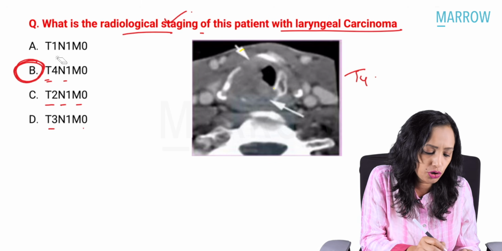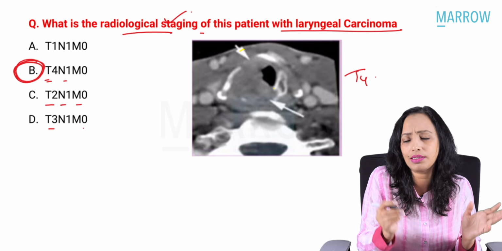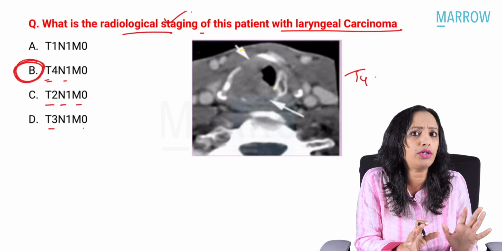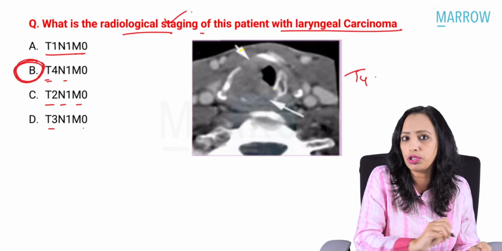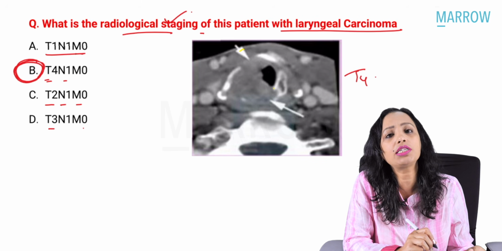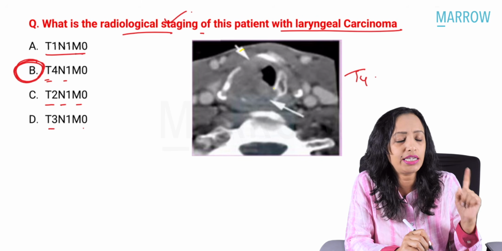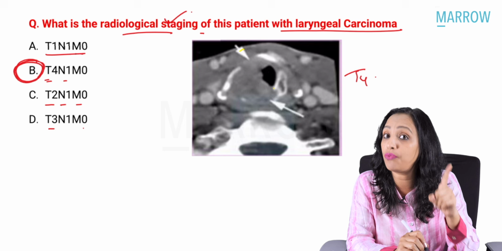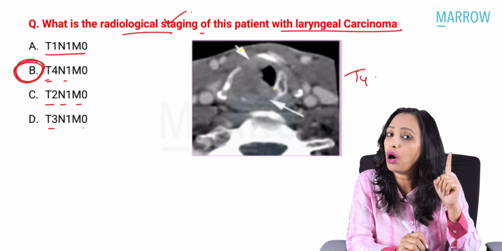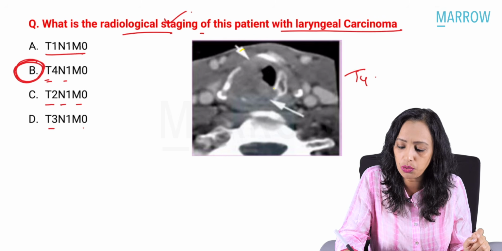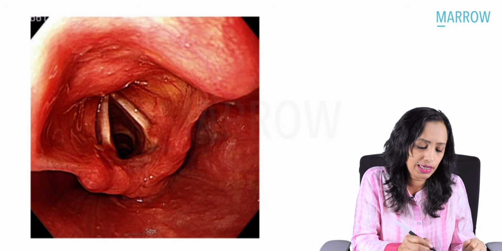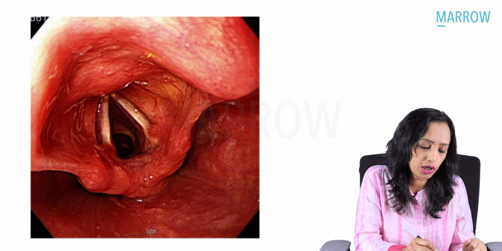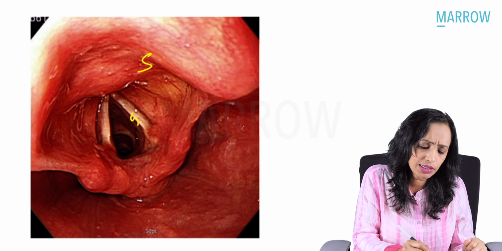Now when we see the first choice, it is T1. We are more or less at the answer, but let us just try to see what the other choices are. Here the first choice is T1, N0, M0, right? What is T1 of a carcinoma of the larynx? T1 is when it has involved only one site or one subsite. What are the three sites of the larynx? The supraglottis, the glottis and the subglottis.